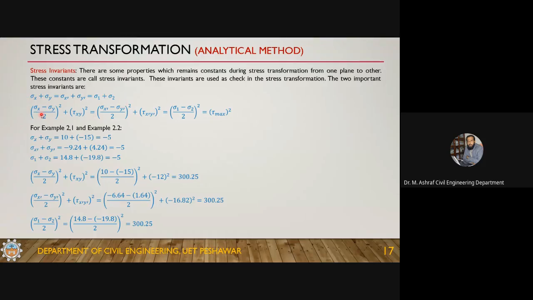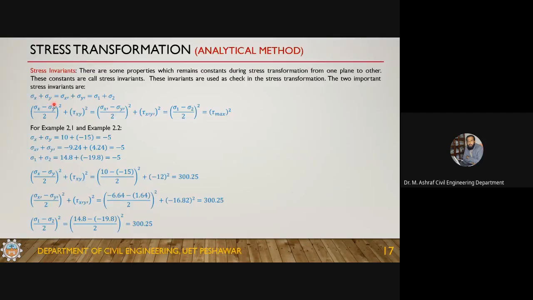What does it mean? That sigma x plus sigma y must equal sigma x prime plus sigma y prime. When you calculate stresses on any other plane, their sum must be the same.